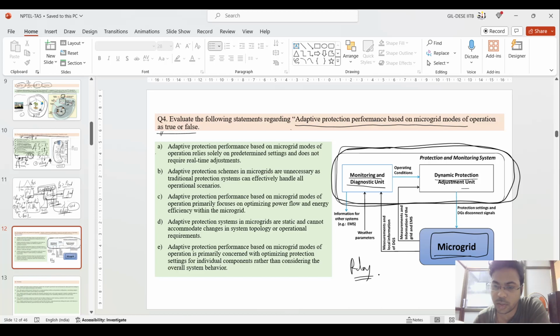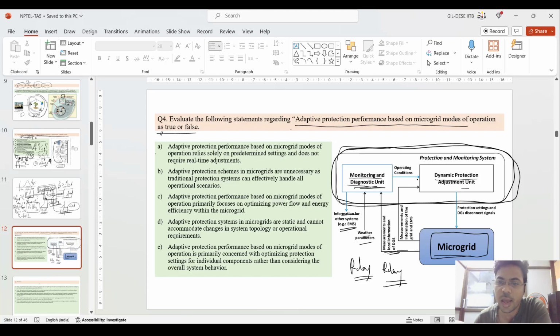Why this relay has to adjust, I will explain in a further slide. But from the present situation, you should think that this relay has to adjust its relay setting based on the microgrid operation. This microgrid sends measurements and local information of distributed generation sources and weather conditions to the monitoring and diagnosis unit.